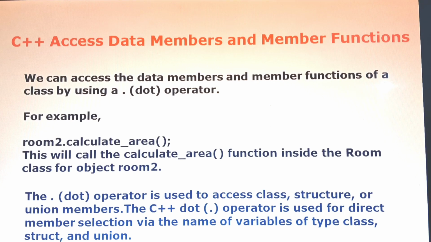Okay, I'll tell you one example. Before, we created one class, room. The object of the class room is room2. Then how can we access the functions of the class? The object name is room2. Room2, then give the dot operator. Then give the name of the function: room2.calculate_area.